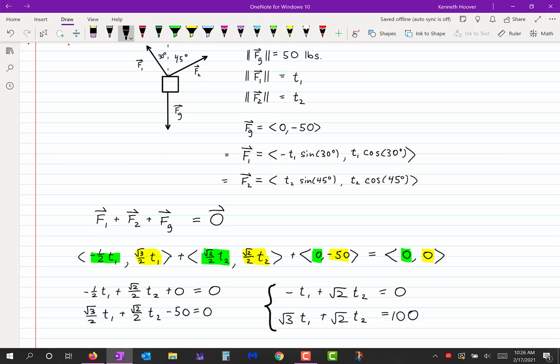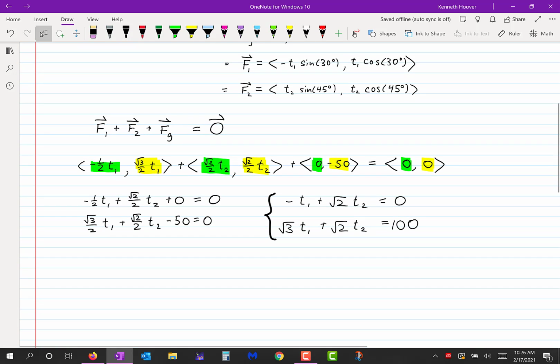Okay. What I came up with solving that was T1 equals 100 divided by 1 plus root 3, which is approximately, by the way, that's going to be in pounds, approximately 36.6 pounds.